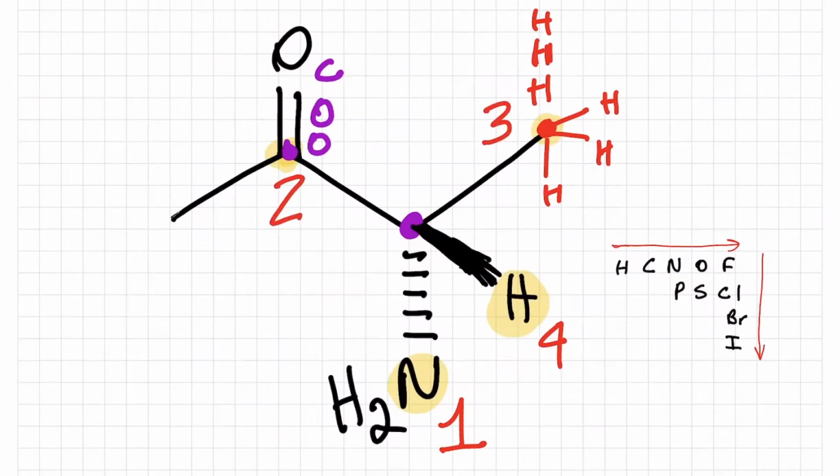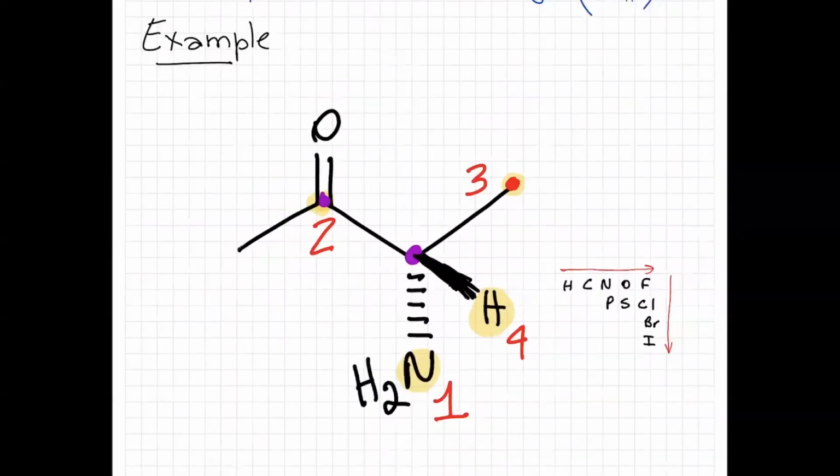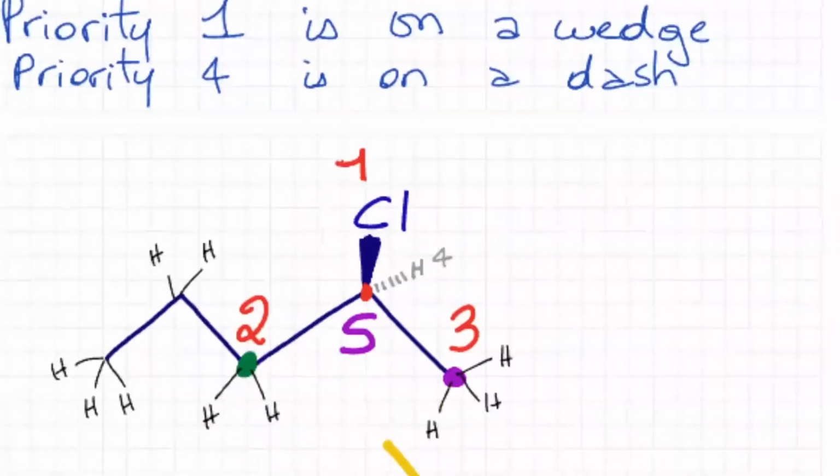Okay, so let's remove some color to make things easier. Let's remove these. All right, so we have our four priorities. Now let's do the motion. But before that, remember what I said? If you have number 1 on a wedge, let me quickly go on the first case.